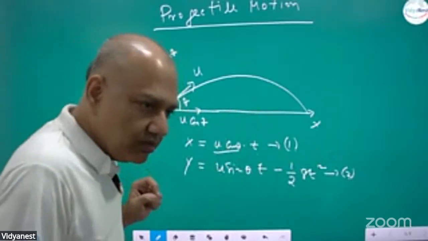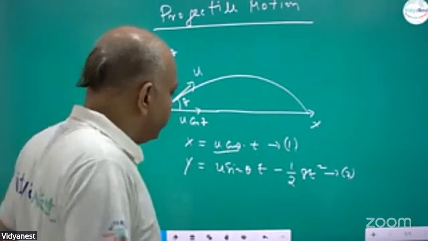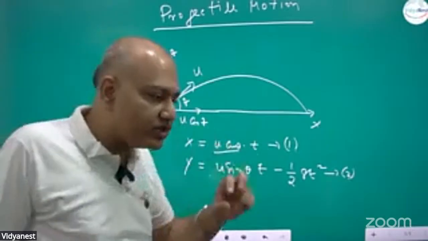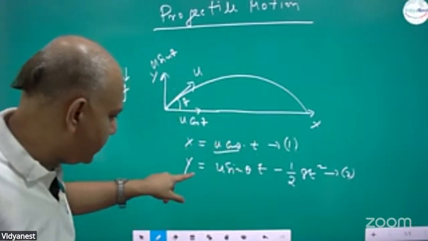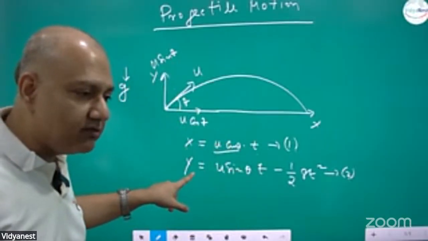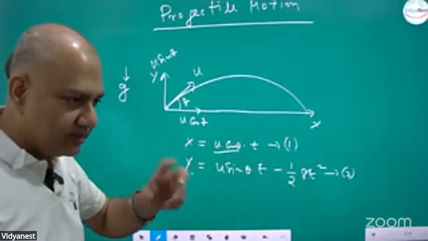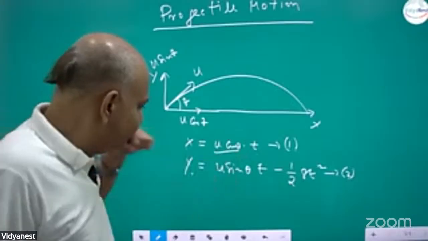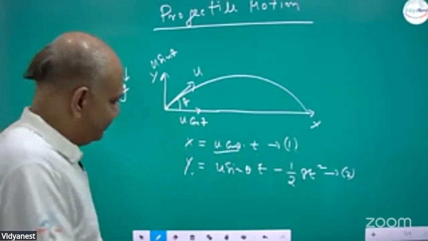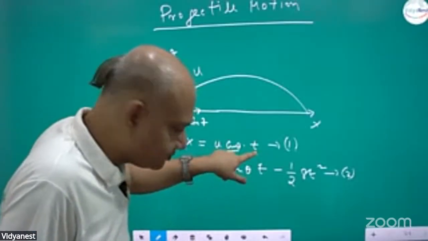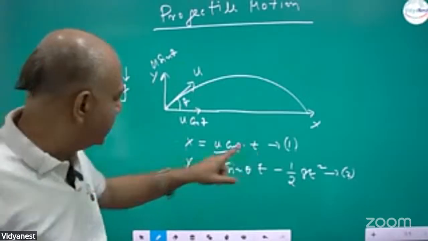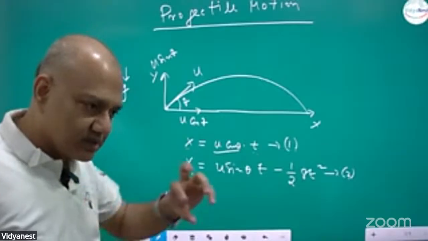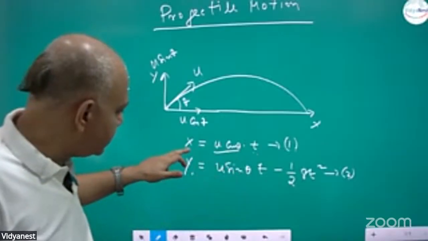Very good. Now see what is going to happen. If I want to make a relation between this x and y, they are variables, they are changing. Why? Because time is changing, therefore x and y both are changing. Since the time is changing, x is also changing, y is also changing.